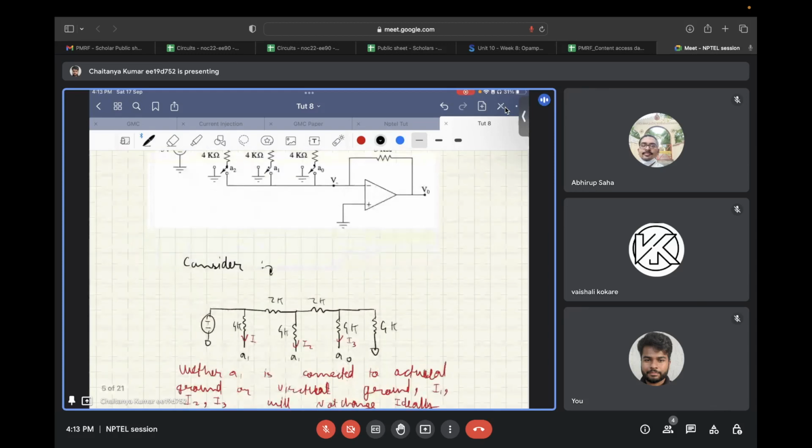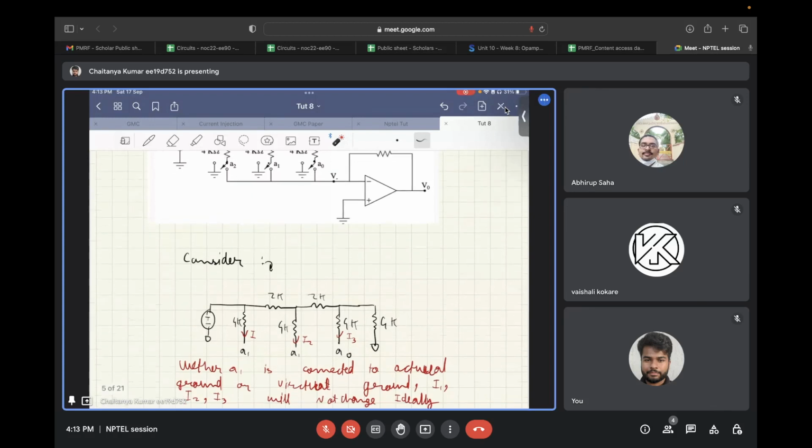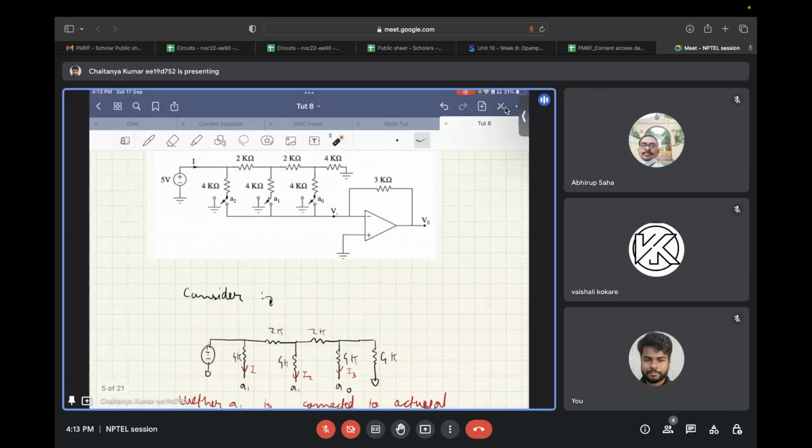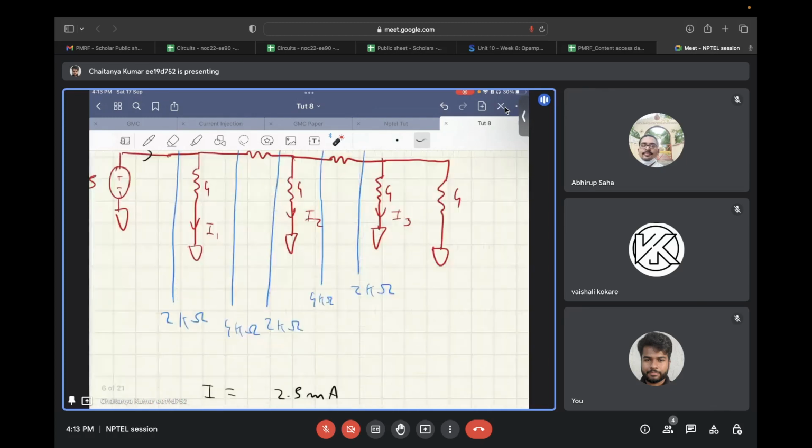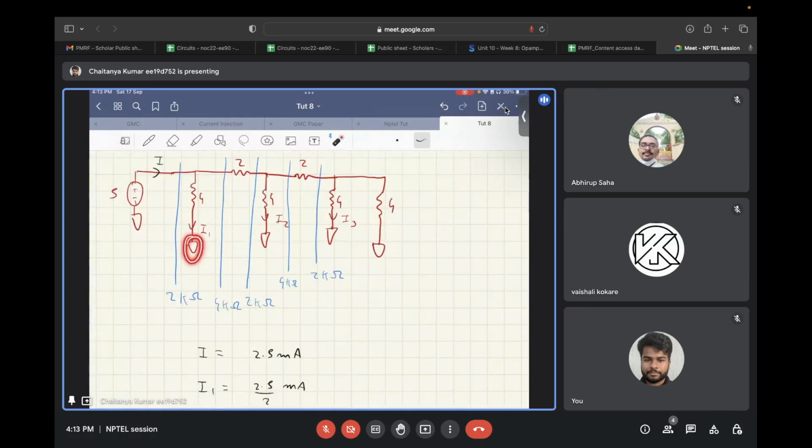As far as this whole network is concerned, that won't change irrespective of the position of the switch. Having said that, we can find out the values of these currents. We can replace A1, A2, A3 by grounds, because either it is actual ground or virtual ground.